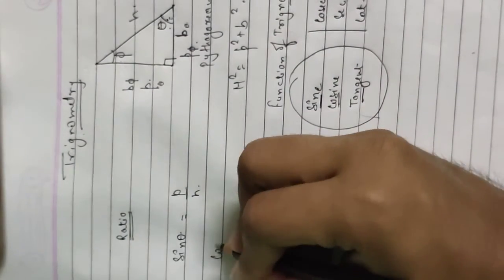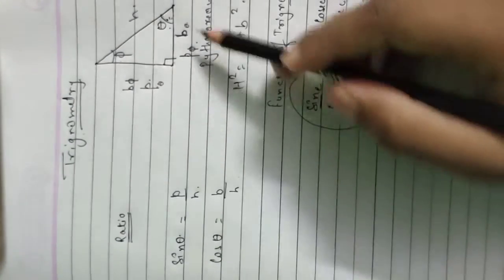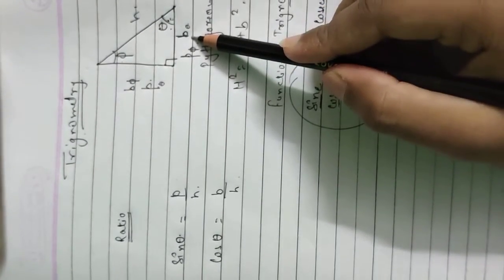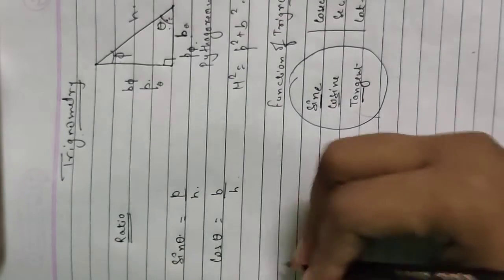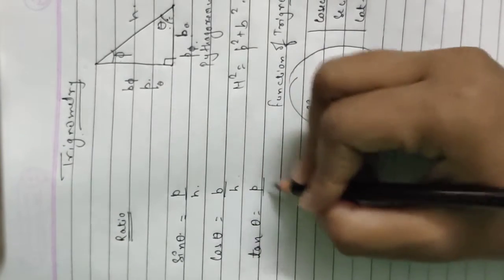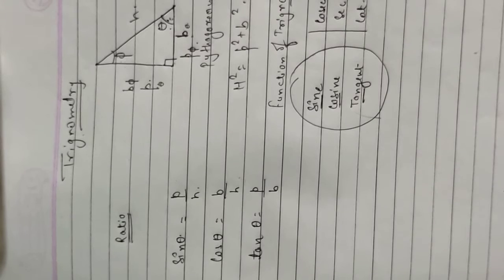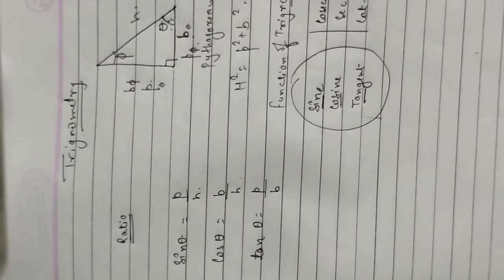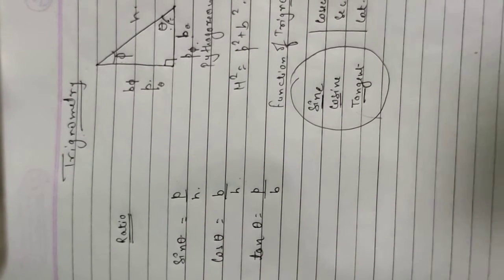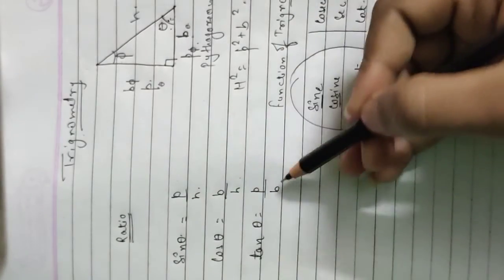Then we come to cos theta, it will be equal to b by h. B means the base which we have taken for theta. Then we come to tan theta, it will be equal to p by b, perpendicular by base. This gives us three ratio relations, and cosec, sec and cot will be the reciprocals, means h by p, h by b and b by p.